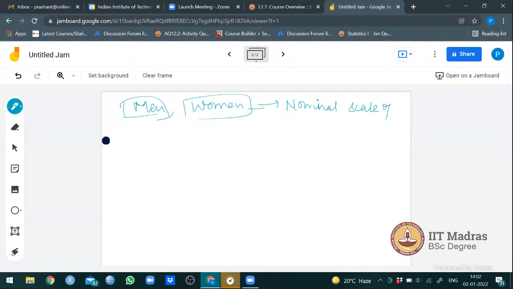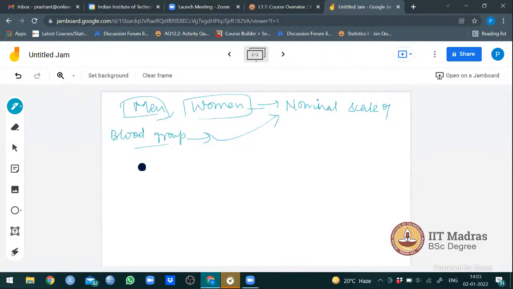Suppose you have data of blood group. This will come under the nominal scale of measurement. And ordinal is used for categorical data where you can also order, like t-shirt sizes.